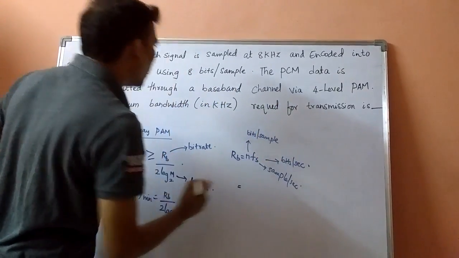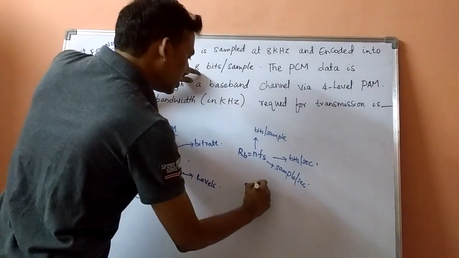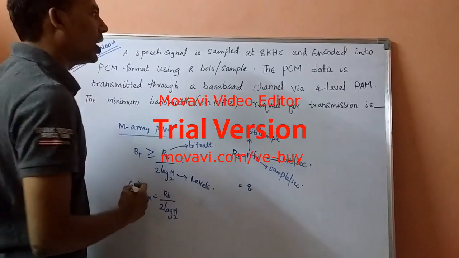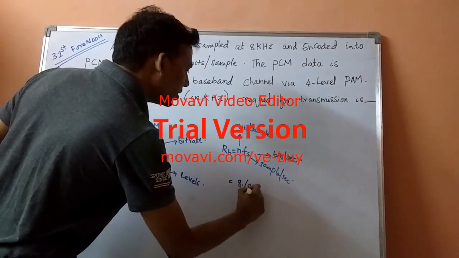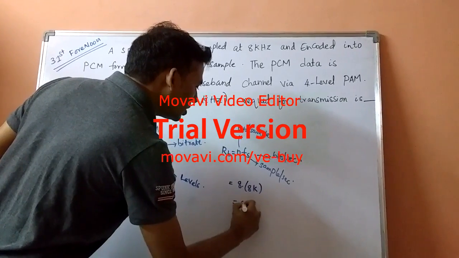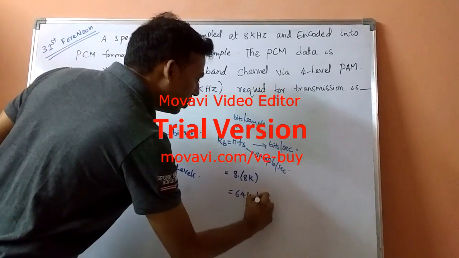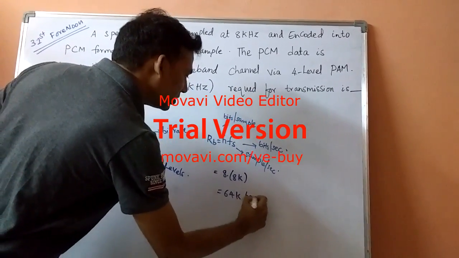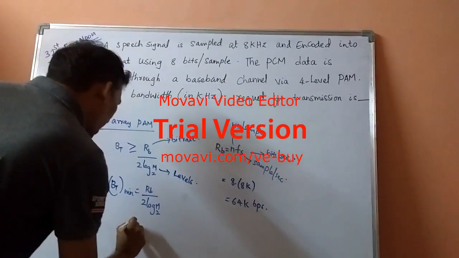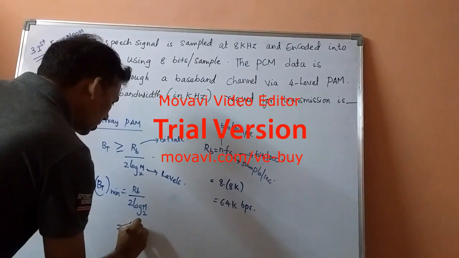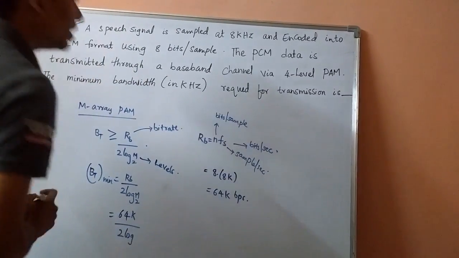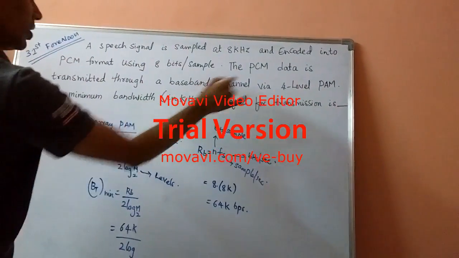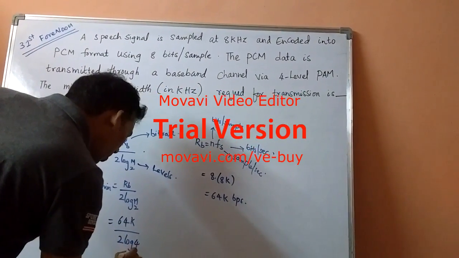The number of bits given is 8 bits per sample, and the speech signal is sampled at 8 kilohertz, so it is 64 kilobits per second. So the minimum transmission bandwidth equals 64k by 2 into log of 4 base 2.